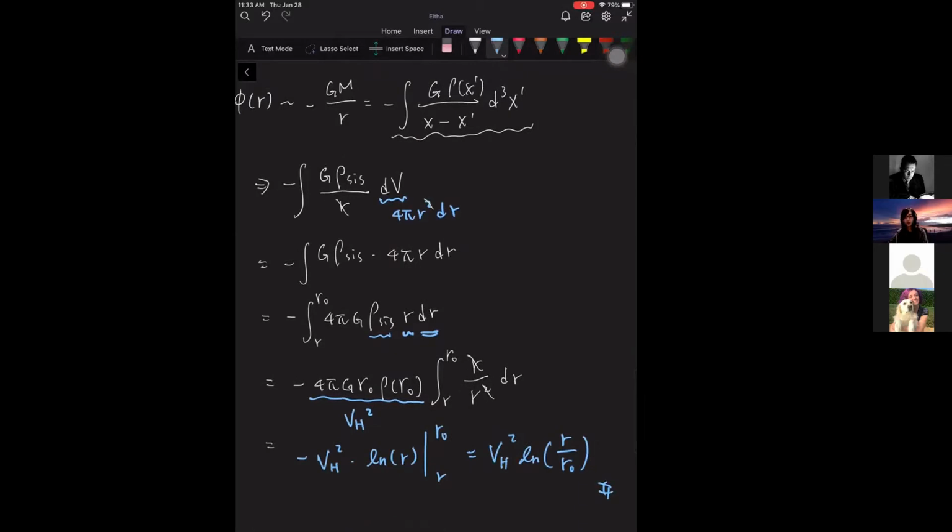Okay, so any questions for this part? Both the virial problem and the density distribution problem, the concept should be very simple, but the more nasty part should be doing the integral.